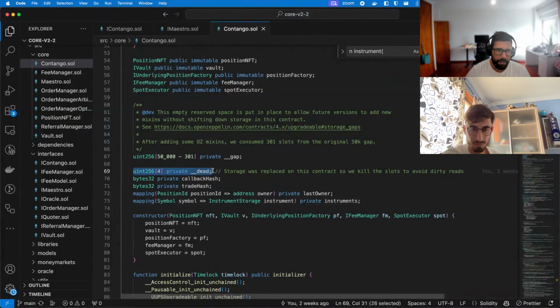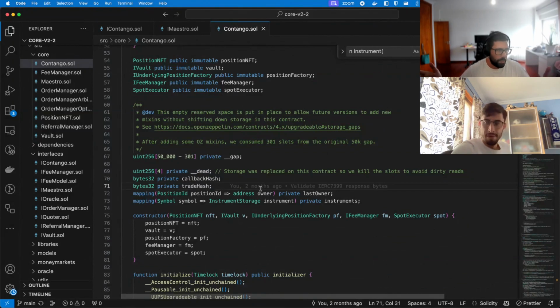And this thing exists because we deployed the first version of V2 in Arbitrum as a test, and then we had to do some changes, and there are some storage slots that we don't use anymore, but they had to stay because we have these deterministic addresses across all the networks, and we didn't want to lose that. So we just cope with these 4 storage slots.